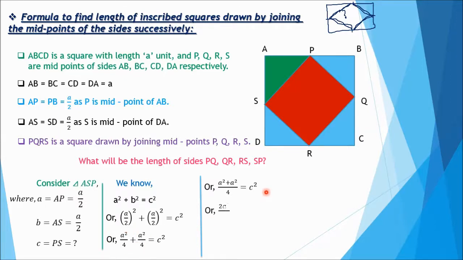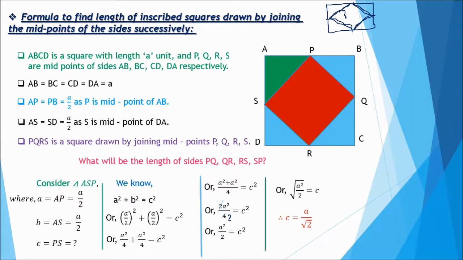Now 2a square by 4, we can cancel 2 and 4, so it will be a square by 2 is equal to c square. Now the value of c will be the root of a square by 2. Now a is in square form, so we can bring a out of the root.